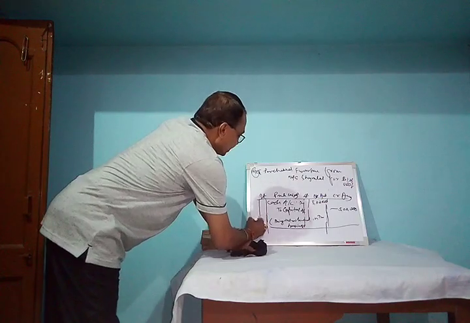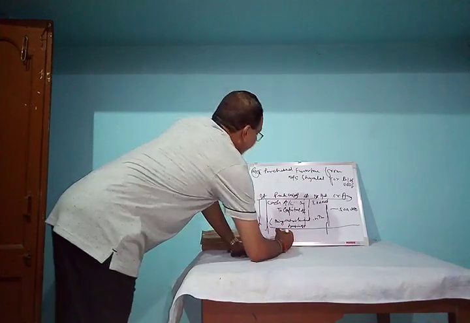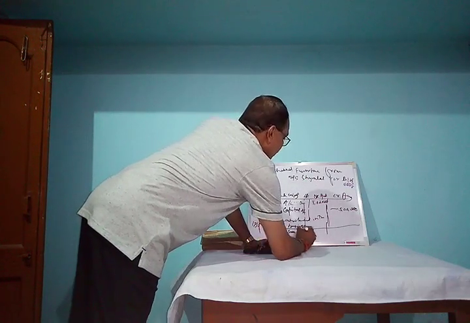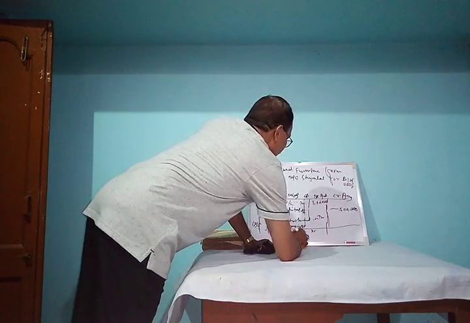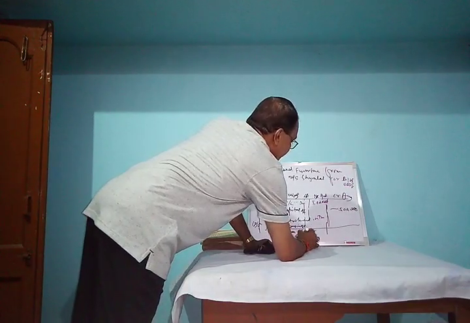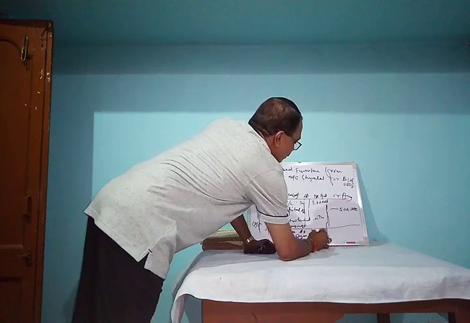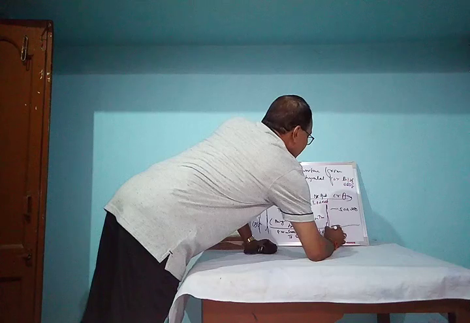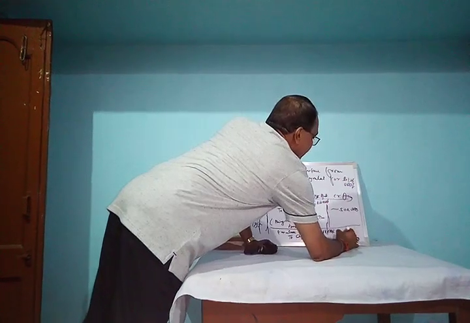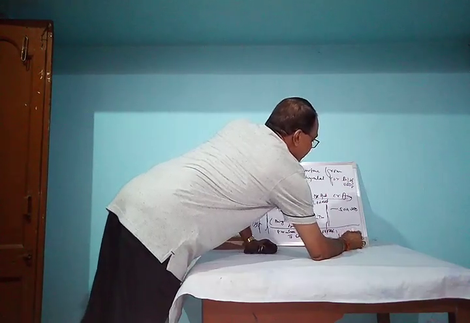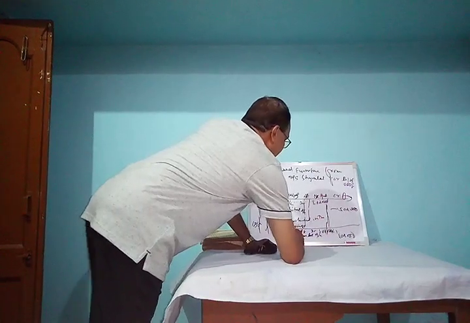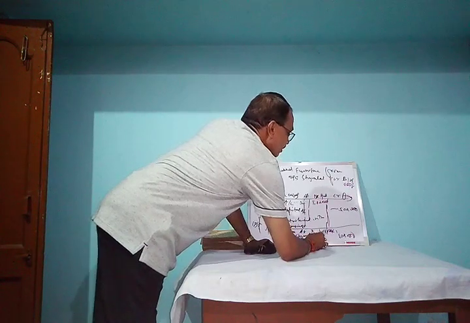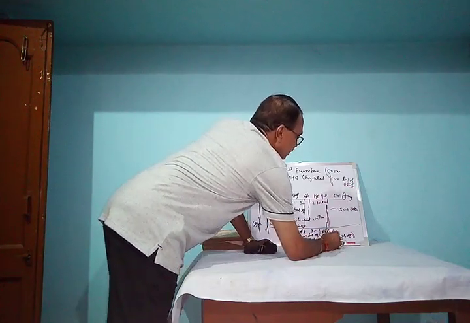Suppose it is done on 17th May, it should be written as furniture account debited to Shyamlal account. 1 lakh in the debit figure and in the credit figure also 1 lakh.